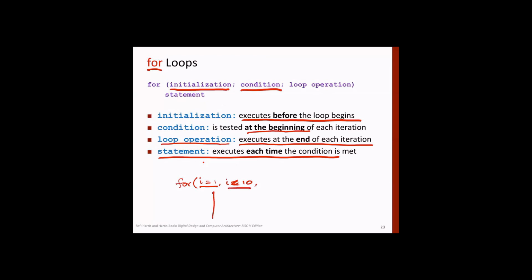Then we execute a certain number of statements, and after that we change this value: I is equal to I plus 1, or I plus plus. Once we increase I to, for example, 2, it is checked whether I is less than 10.